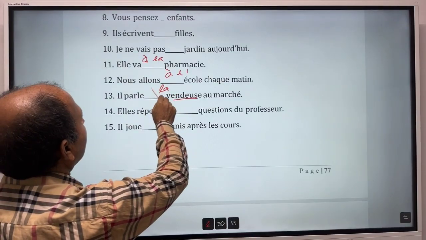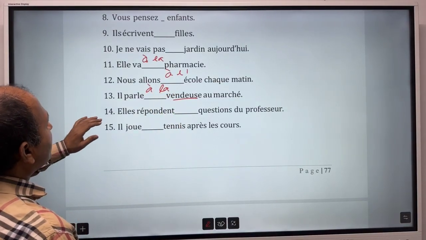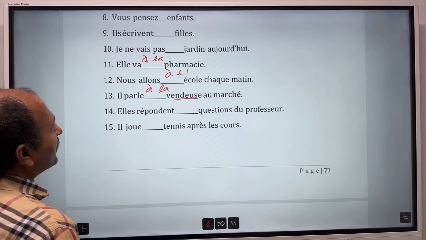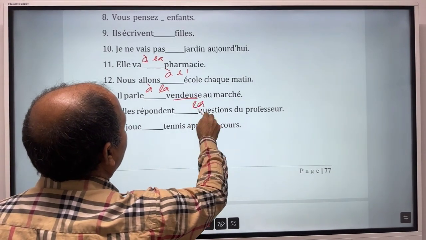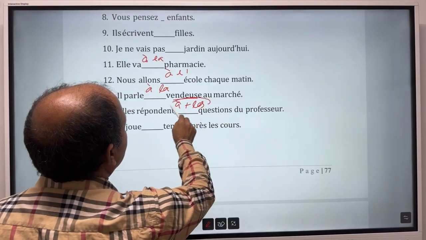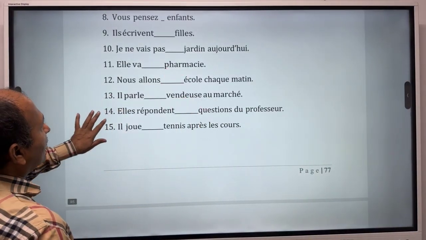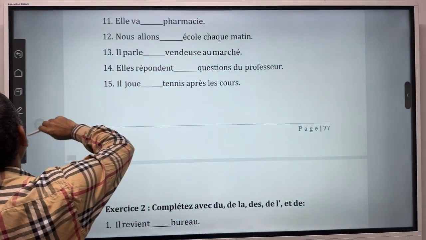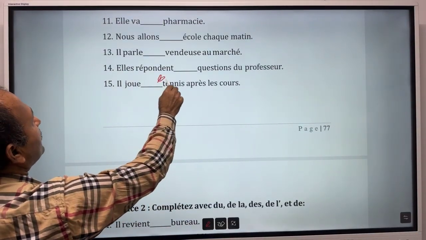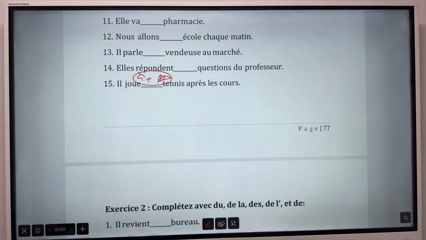It takes definite article la, so it will become à la. Next one is elle répond aux questions du professeur. This is plural, les, so à plus les becomes aux. Then il joue au tennis. Here before tennis article le is used, so à plus le will become au.